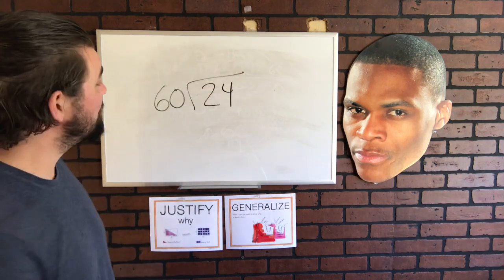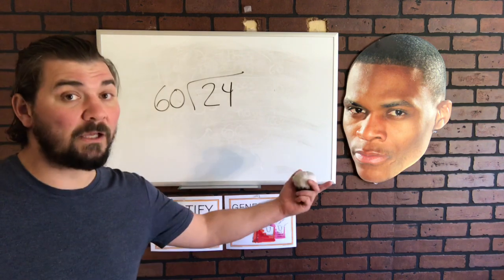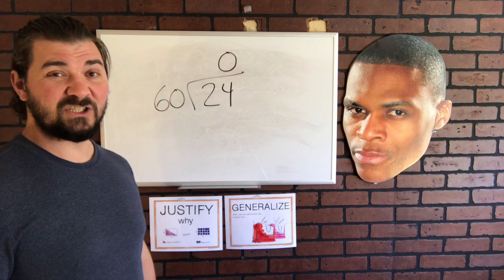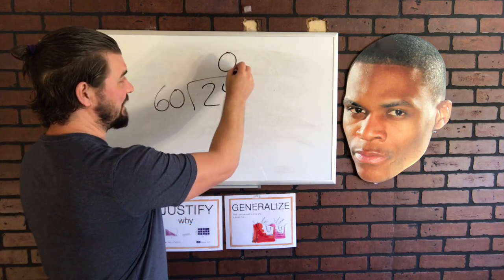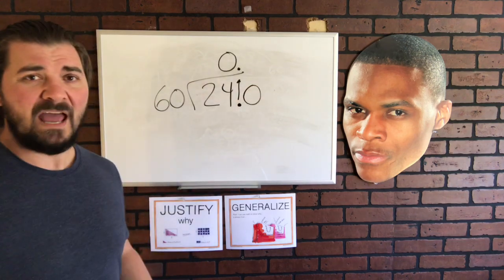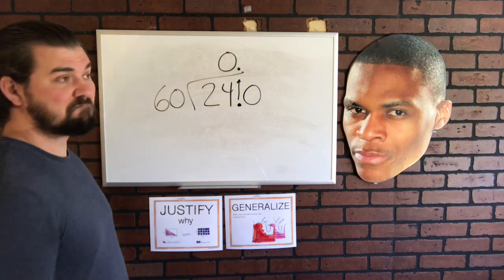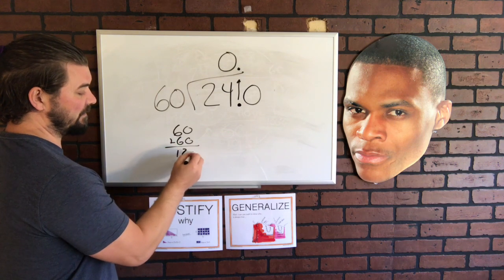Well, we've got a problem. 60 can't go into 24. It's too big. We put a 0 here, because 60 can't go into 24. And then we're going to add a decimal point, and I'm going to bring that decimal point up to the top, and I'm going to add a 0. And now I'm thinking, how many times could 60 go into 240? All right, 60 and 60 is 120.